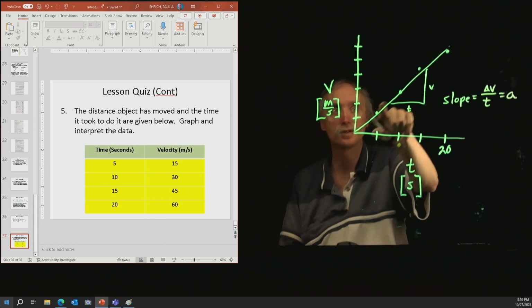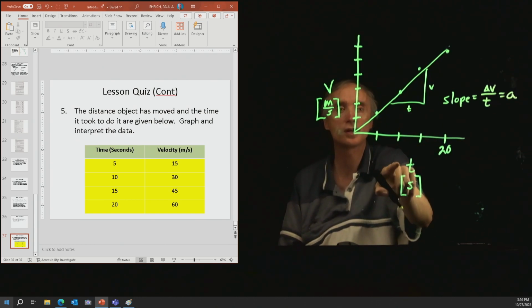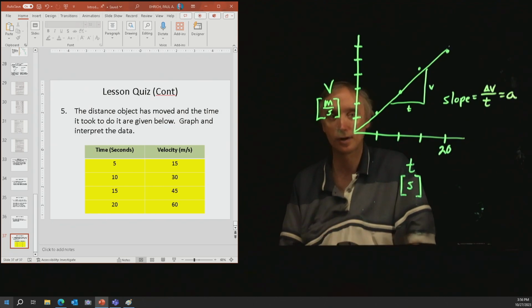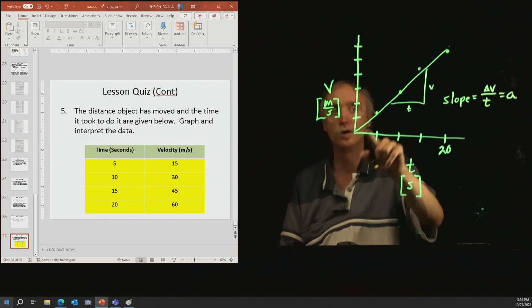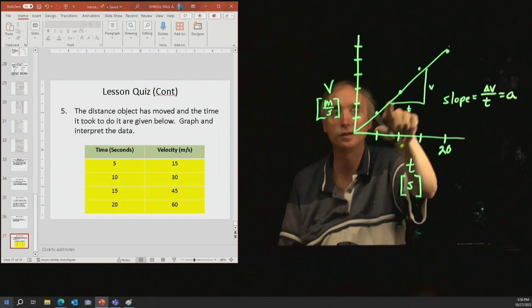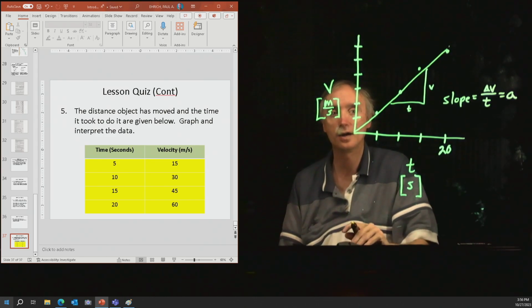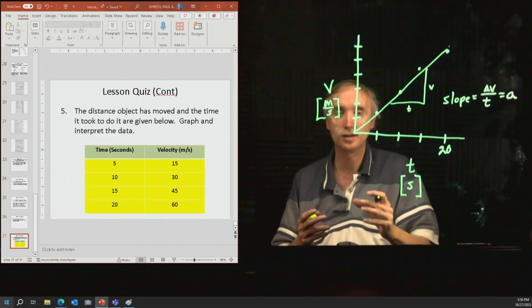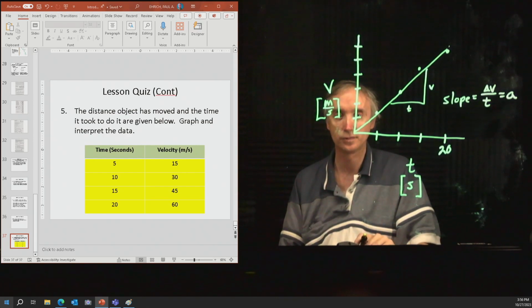So the slope of a velocity versus time graph is going to be the acceleration of an object. What do we notice? It's a straight line. It is a constant. So this thing is accelerating. So that's what we end up with.